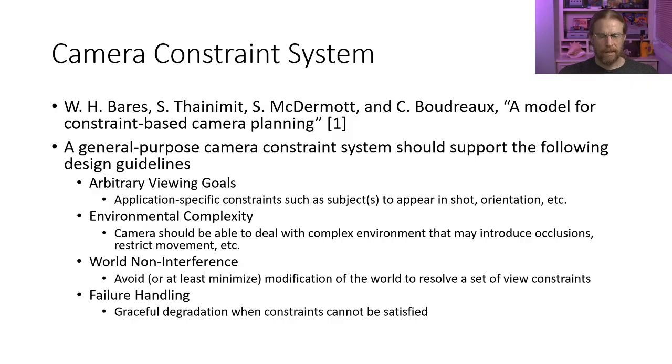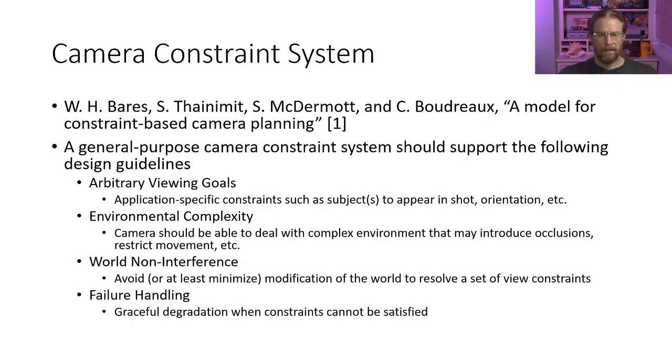World non-interference, and so this is the desire to avoid or minimize modification of the world to resolve any sort of constraints. So we've seen in the previous paper that it was actually a possibility where we move game objects to accomplish the scenes we want, but in this particular paper, they recognize that it might be necessary, but it should be used as a last resort.